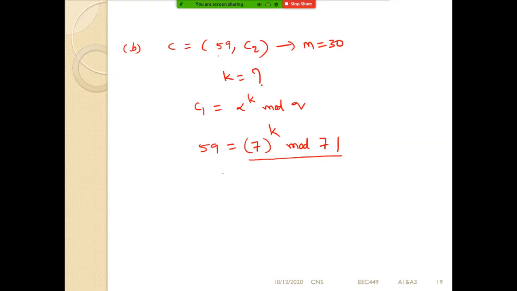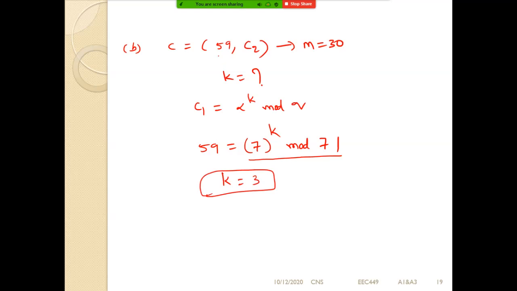So when small k is equal to 3, we will get this value. But suppose this is some very large prime number, then it will be very difficult. Anyway, by trial method, we can get it easily for a small integer value.